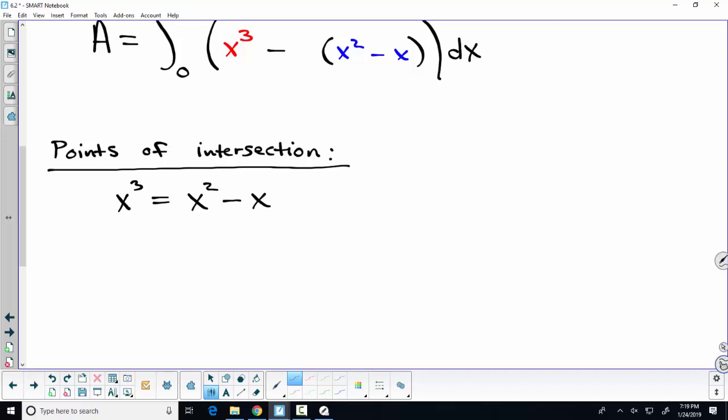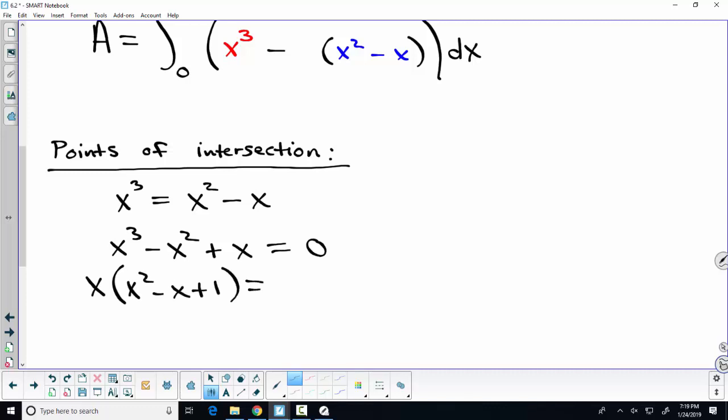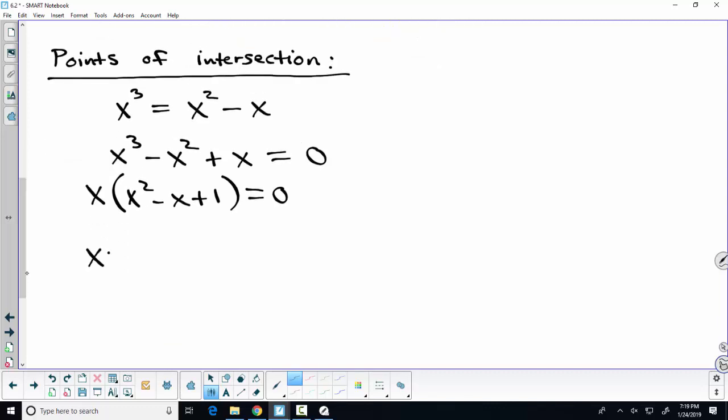And we come up with the same result as the graph tells us: x cubed minus x squared plus x equals 0. So those two are equal either when x is 0 or when this quadratic is 0. You can verify if you want to that this quadratic has no real roots.